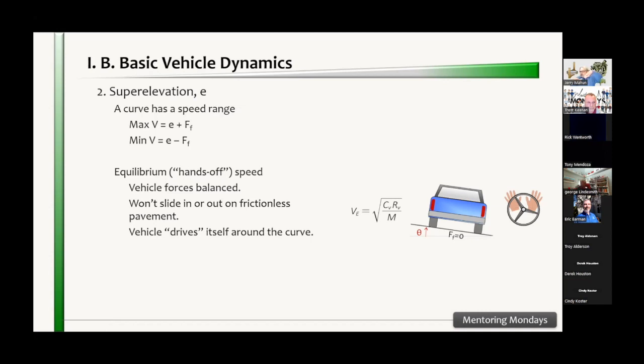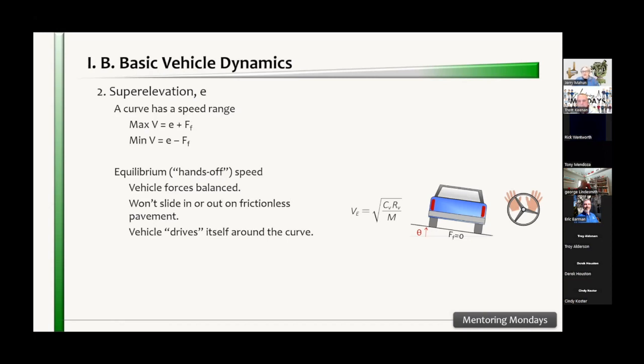But if you've ever driven in Wisconsin and you stop like that on an icy surface, you're slowly going to slide to the inside of the curve because you've got too much superelevation and no centrifugal force to counteract it. So that defines a speed range for a curve. That's why we can state a speed limit of 65 miles an hour, but somebody can go through it safely at 75 miles an hour, because there's that safety factor built in based on that speed range.